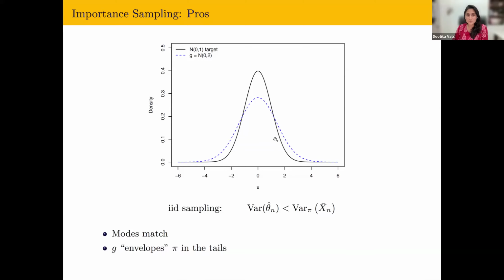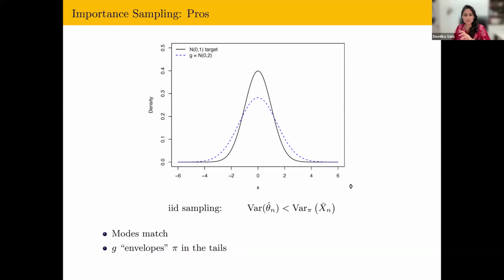And one of the reasons this works is because, A, the mode of G matches the mode of pi, my target. So there's a mode matching. And the other reason is that the tails of G are fatter, enveloping the tails of pi. Once these two features happen, it's relatively likely that we'd have a more effective importance sampling strategy.